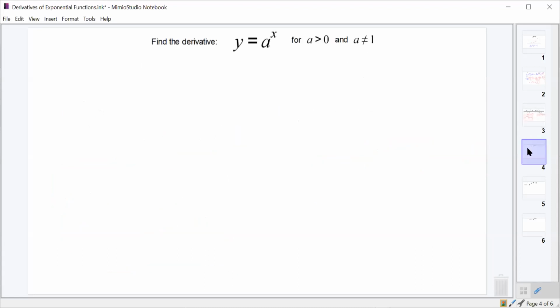All right, let's take a look at another one. Now instead of e to the x, let's try to do a to the x. So any constant down there, not just the e. So let's say 2 to the x, or 5 to the x, or 1,000 to the x power. Any thoughts on how we might go about this one?